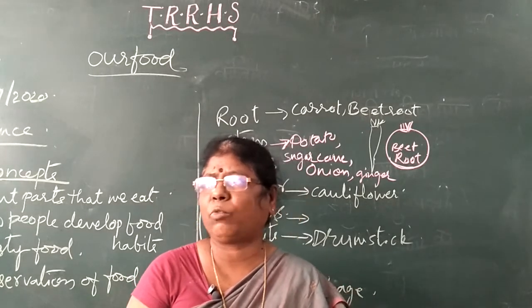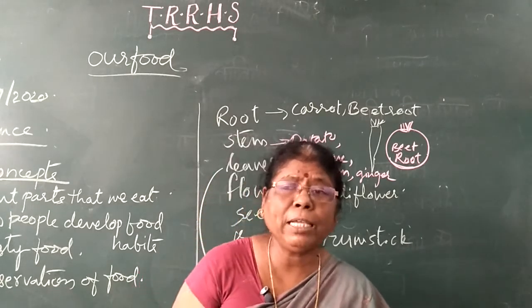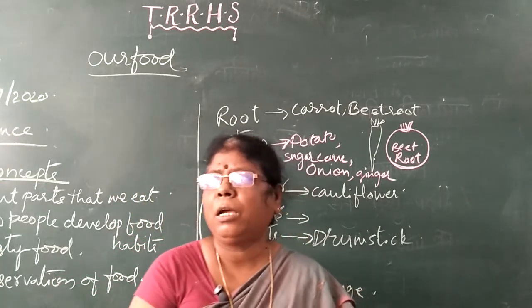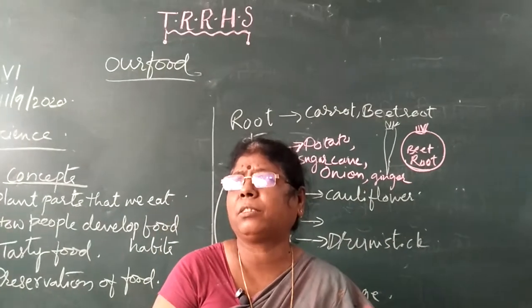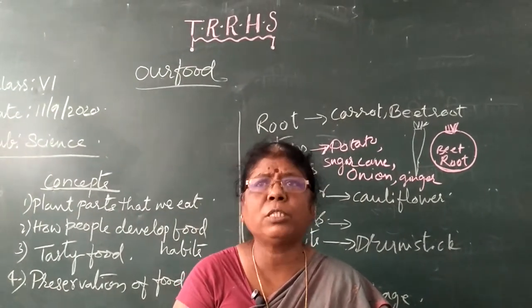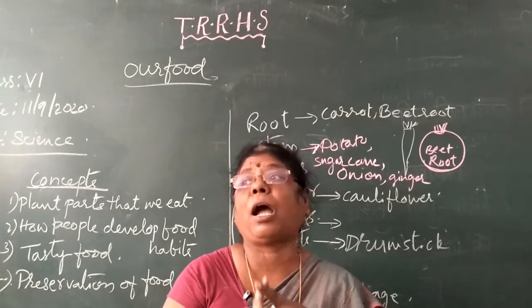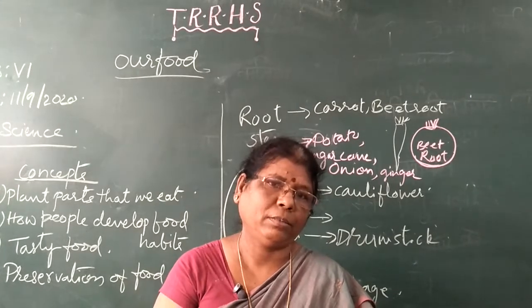Idli, dosa, etc. Apart from paddy, other crops also are grown, but our main food is rice only. Why? Because the geographical and climatic conditions are suitable to grow rice.